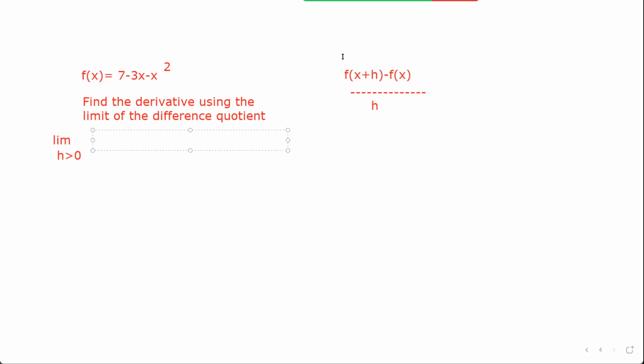This piece, f of x plus h, messes everybody up when you have a polynomial like this. The way that I would suggest that you do it is that everywhere you see x, you put a parenthesis.